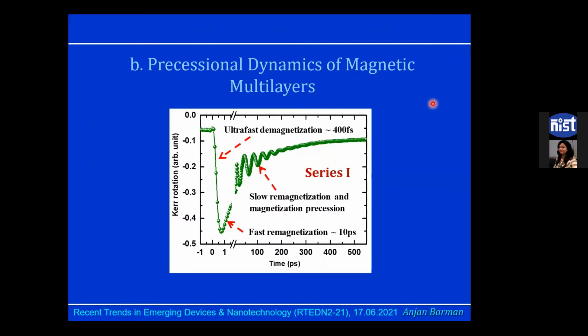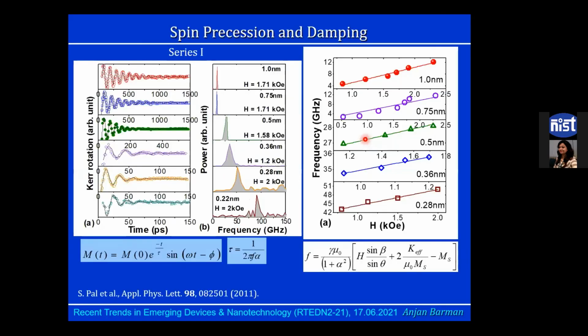And then we go to the precessional dynamics. As I said, beyond the ultrafast demagnetization and relaxation, there is a damped oscillation, which is the precessional dynamics. And we'll do this measurement here for the cobalt palladium sample only, and we did this thickness dependent measurement.